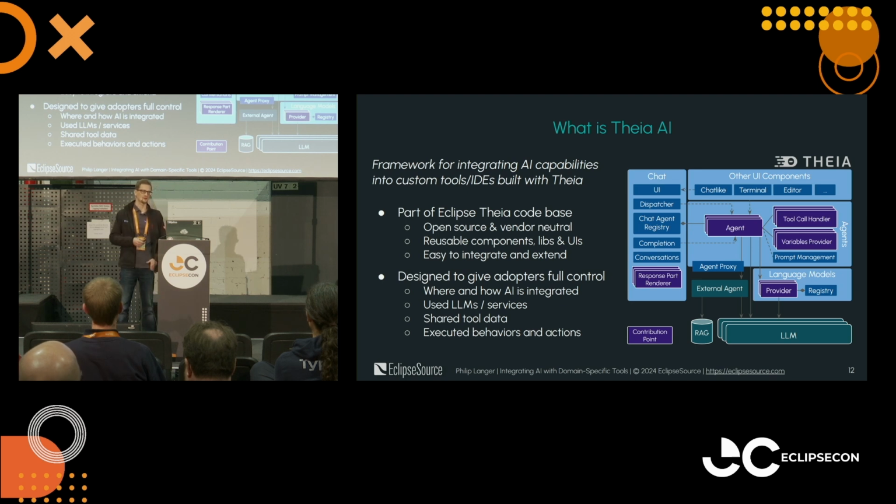As part of Theia, it is also open source, vendor neutral, and is really designed to give you, as an adopter, full control over everything in this AI integration, ranging from where and how the AI is integrated, which language models are actually being used, whether on-prem, something on the edge, or an off-the-shelf frontier model provided by some third party, which tool data is shared, and what the actual behavior of the agents is. And it provides essentially, here is a high-level overview.